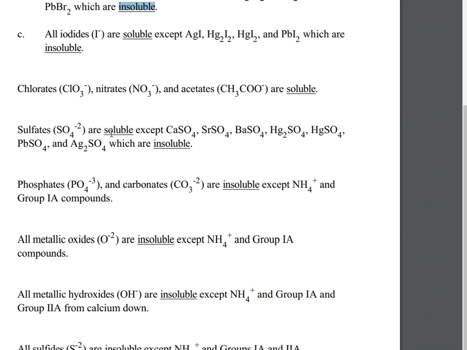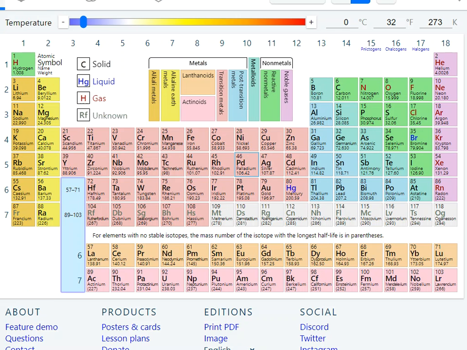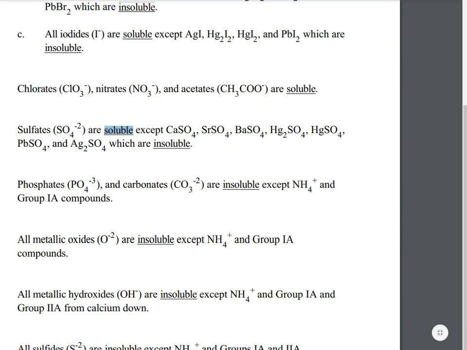Well, this is a very good sign that this is a different grouping, because no other cations will allow me to do that. Sulfates are soluble. That means everything else on this periodic table, if it is hit with a sulfate, stays in solution. It's not going to precipitate out. The only ones that do that are calcium, strontium, and barium.